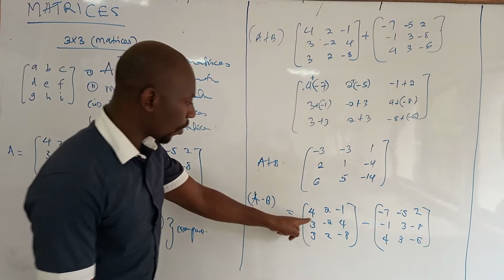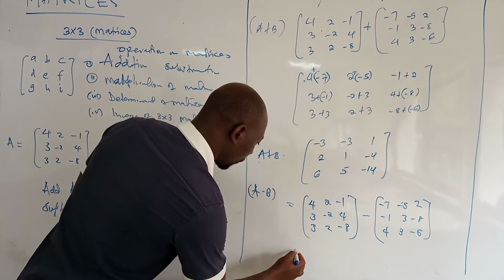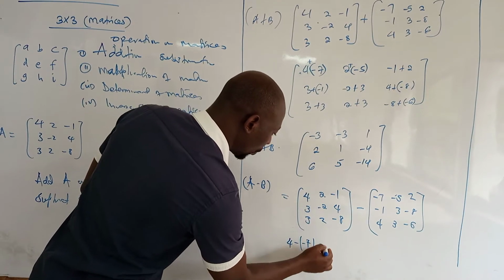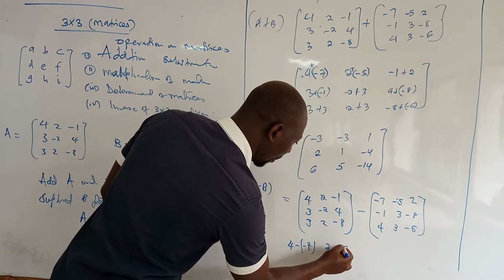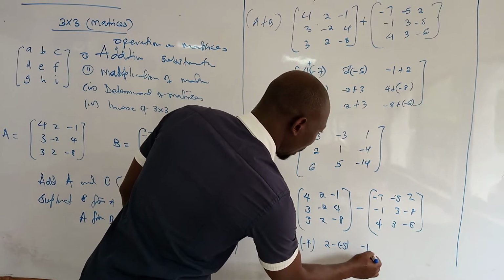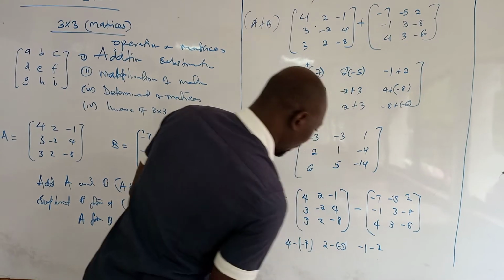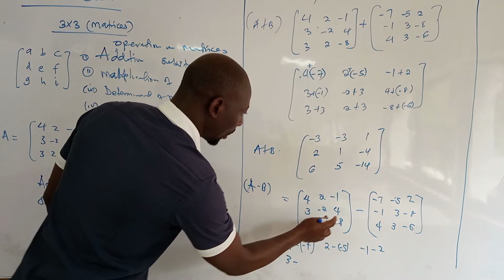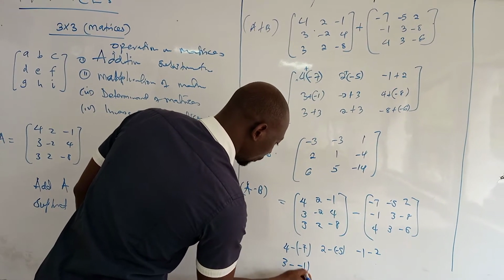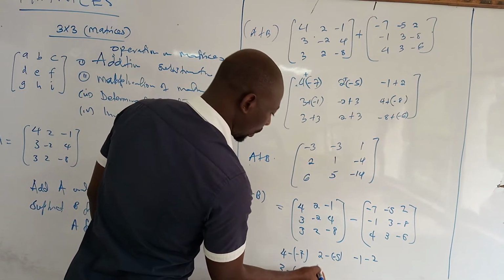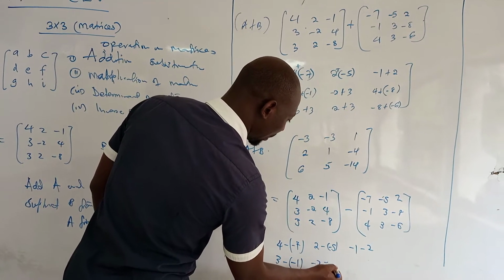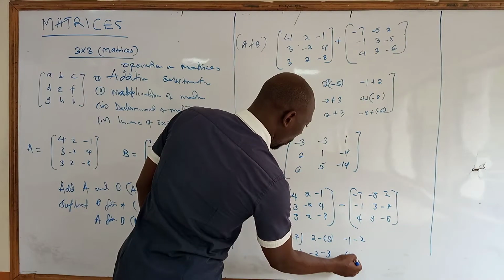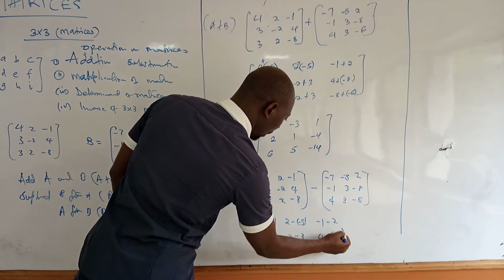You take 4 minus negative 7, 2 minus negative 5, then negative 1 minus 2 as your first row, then 3 minus negative 1, then negative 2 minus 3, then 4 minus negative 8 in that order.